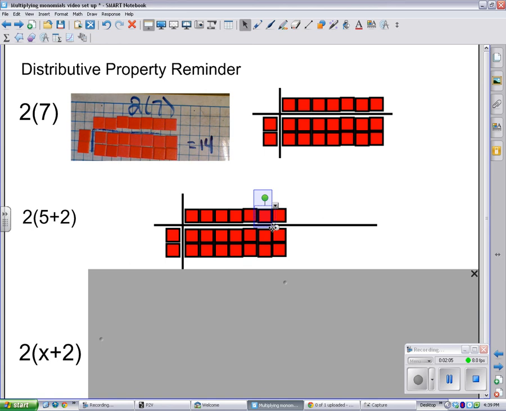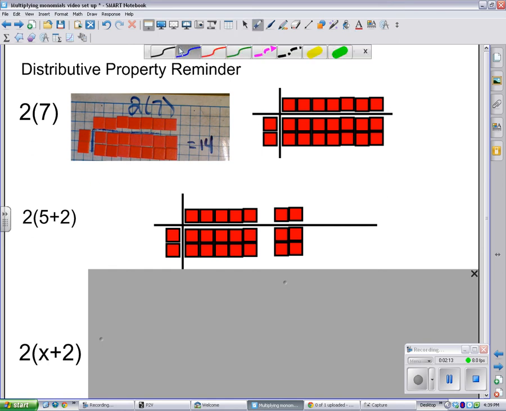set up, but what I'm going to do is take these groups of 2 and sort of separate them out. So I'm actually seeing then that the total area underneath in my grid is still 14, but it's 14 because I had 2 groups of 5 and I had 2 groups of 2.